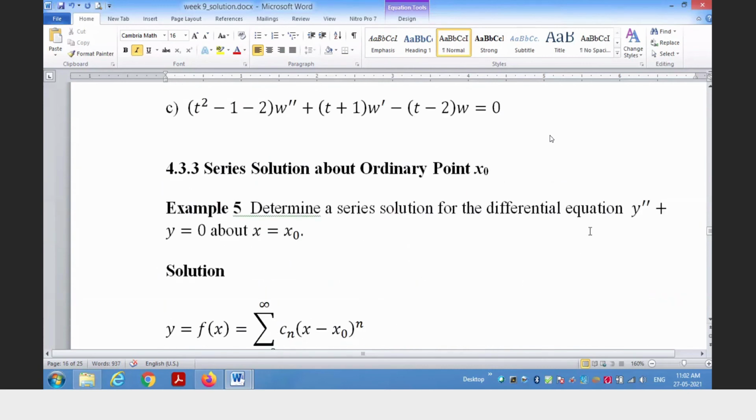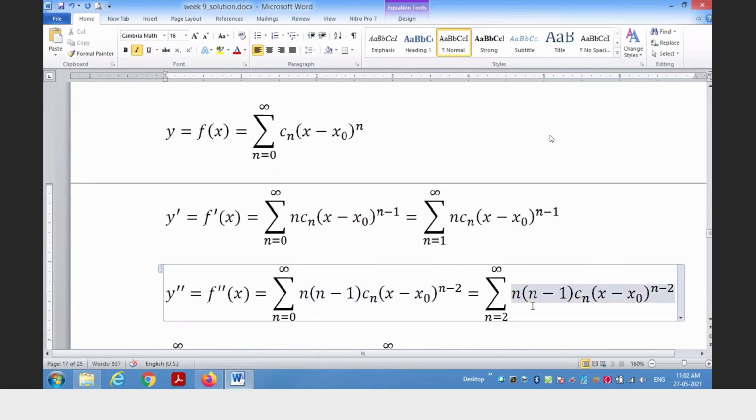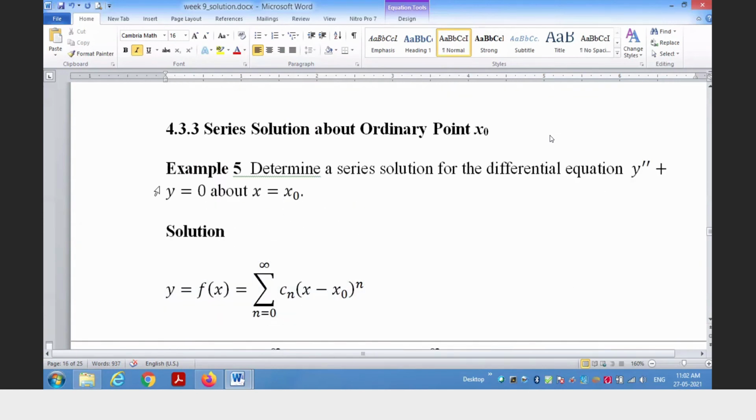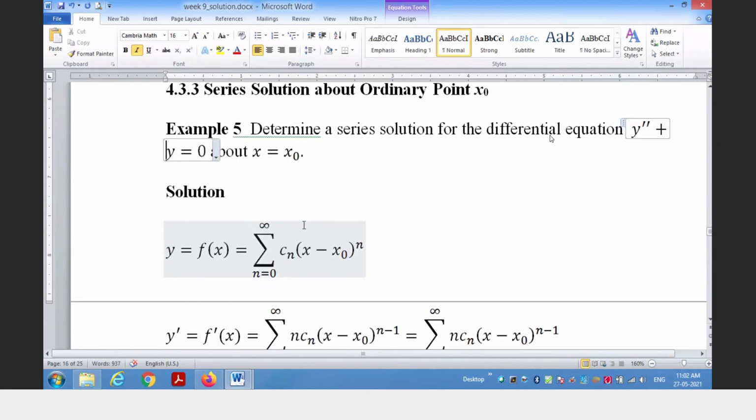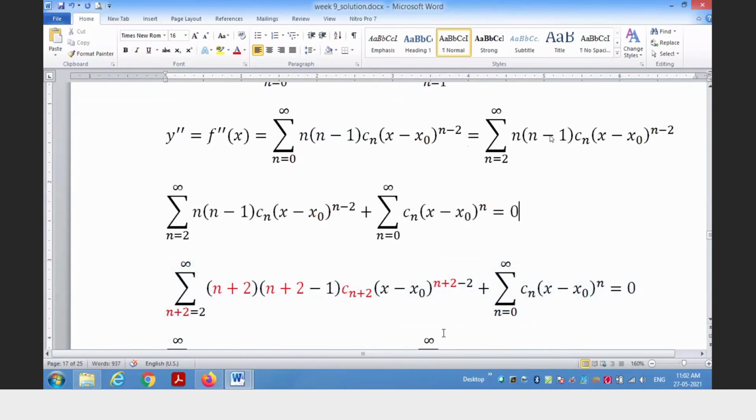So we repeat the same process. Whenever you see y double prime, you replace it with this series. Whenever we see y, we replace it with this series. So y double prime plus y in terms of series equals 0. We apply the same procedure: we want to combine these two series.